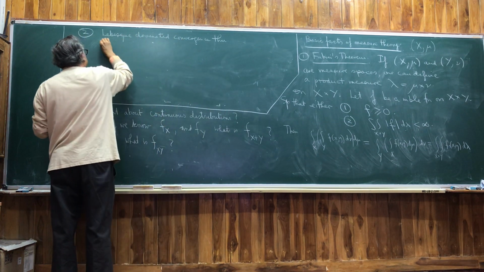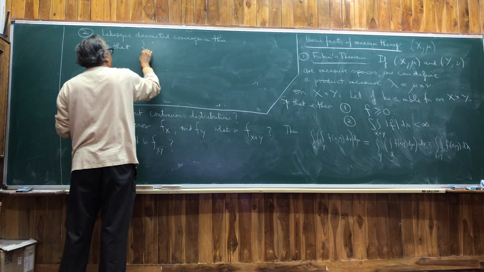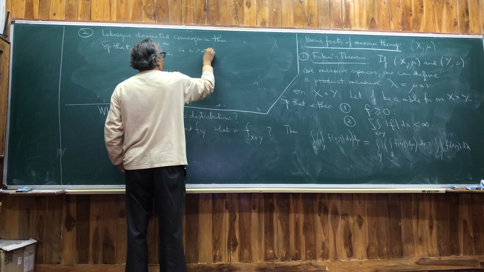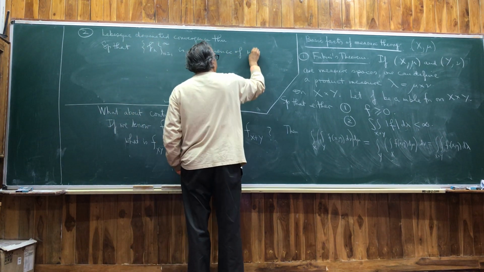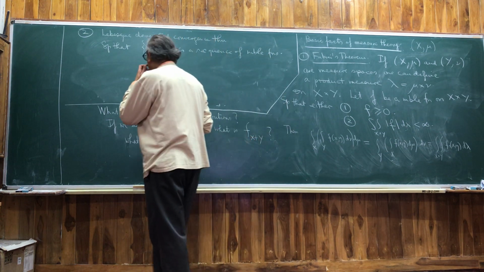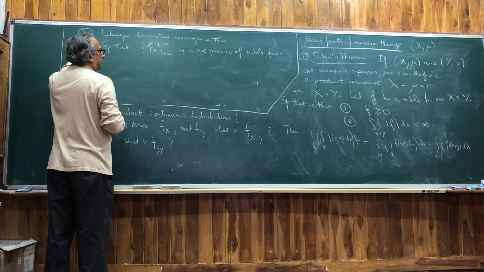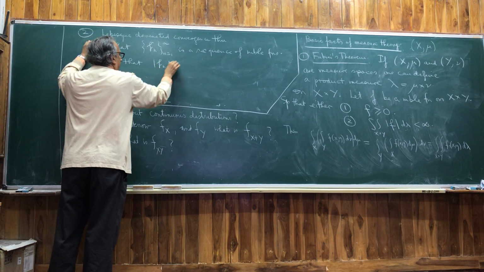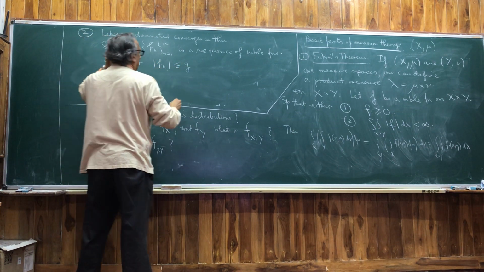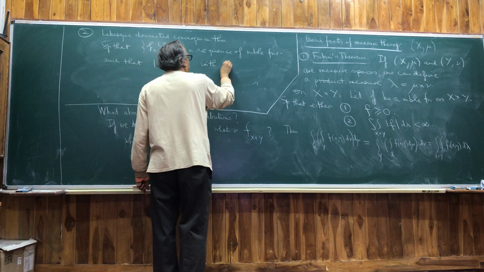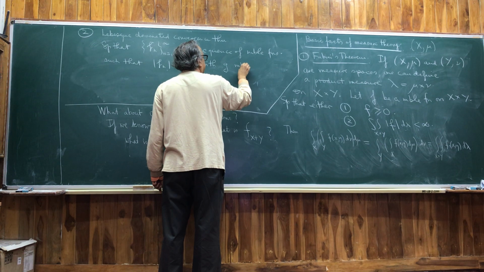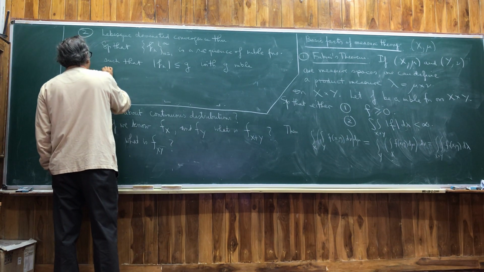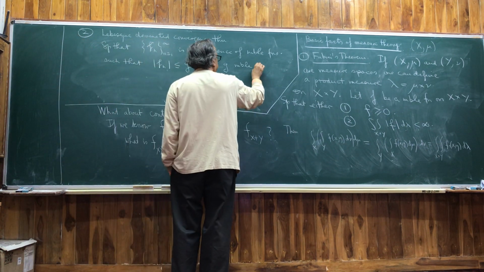So suppose that we have a sequence of measurable functions such that mod fn is less than or equal to g, with g measurable and integrable.